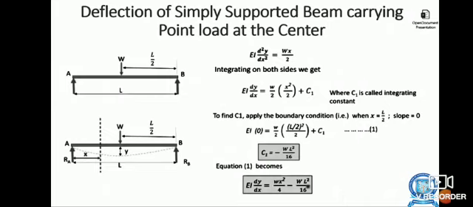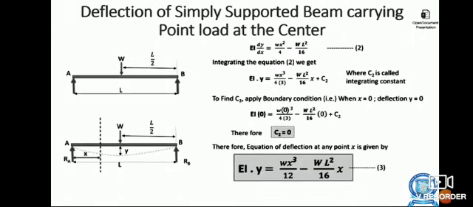Next, equation 1 becomes EI dy by dx equal to Wx square divided by 4 minus WL square divided by 16, equation number 2.